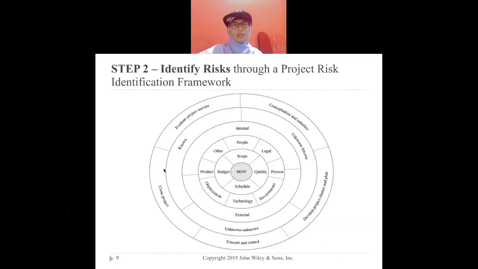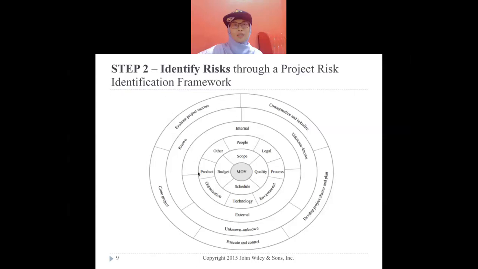It's just a preparation. After we have created a plan based on the approach that we choose, we identify the risk. Identify the risk through the project risk identification framework. It's the same as creating the plan just now: you have many types of risk identification framework. One of them is this one, copyright taken from John Wiley and Sons publications, 2015.